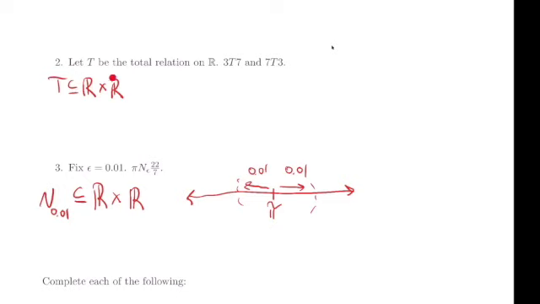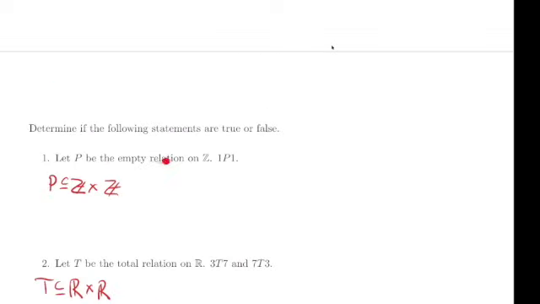For the first one, we're looking at the empty relation on integers. Is one related to one? Definitely not, because there are no relations in the empty relation. One related to one, although it is a very trivial thing, would actually be a non-empty element of that set.